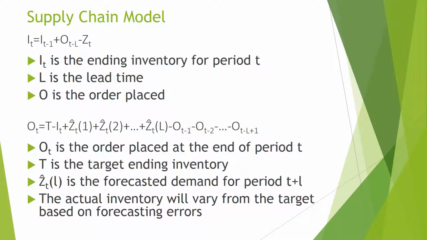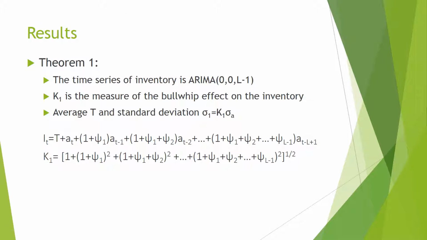your target. Theorem 1 has an important result, and that's that it gives you a measure of the bullwhip effect on the inventory. Another important thing about Theorem 1 is that it gives you an idea of the orders that you're going to use for your ARIMA model of inventory, which is 0, 0, and the lead time minus 1.